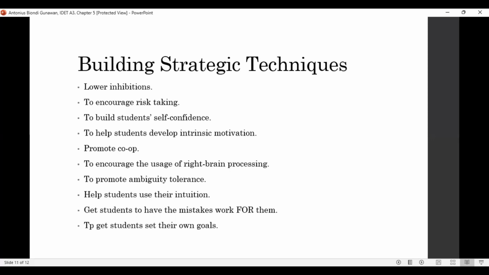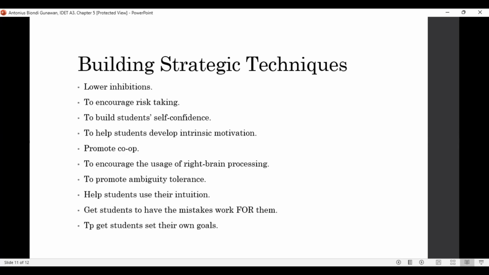Now, there are many techniques to build strategies. First off, to lower inhibitions, play guessing games and communication games. To encourage risk-taking, praise students for making sincere efforts. To build students' confidence, tell the students explicitly that you believe in them, that they are capable of achieving something.